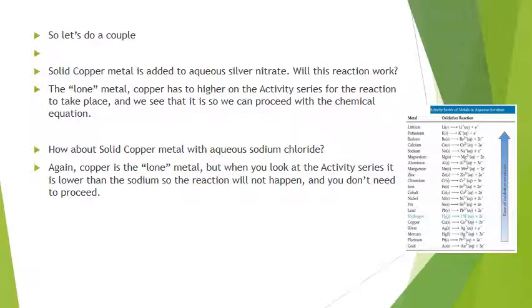Let's say I take solid copper metal, like a penny, and put it in aqueous silver nitrate. We talked about in the first video that you have to dissolve the silver nitrate. Will this reaction take place? For this reaction to take place, the lone metal, copper, has to be higher on the table than silver.